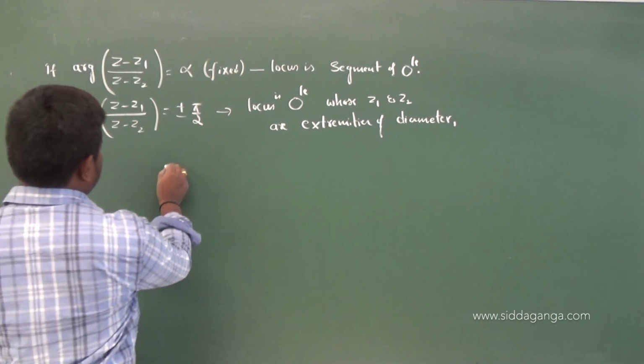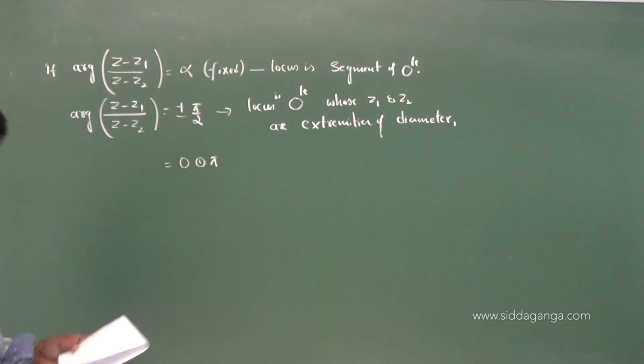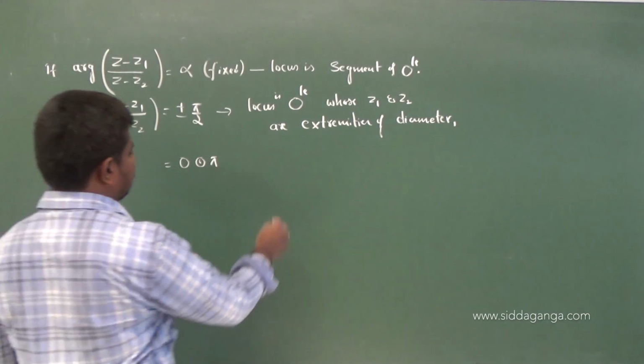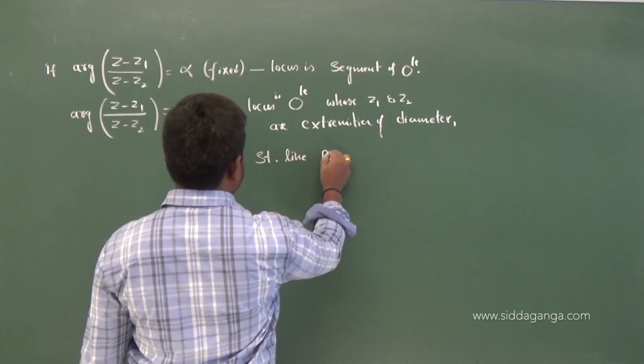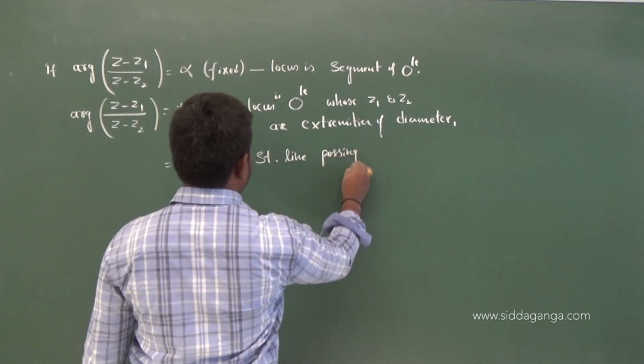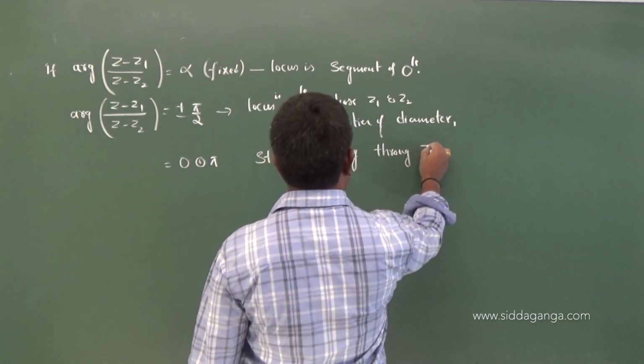Suppose the value is 0 or pi, then the locus is a straight line passing through z1 and z2.